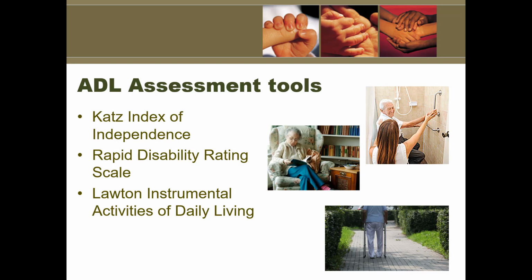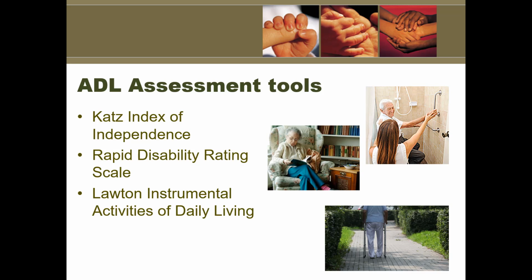The index ranks the adequacy of performance in 6 functions of bathing, dressing, toileting, transferring, continence, and feeding. Patients are scored yes or no for independence in each of those 6 functions. A score of 6 indicates full function, 4 indicates moderate impairment, and 2 or less indicates severe functional impairment.